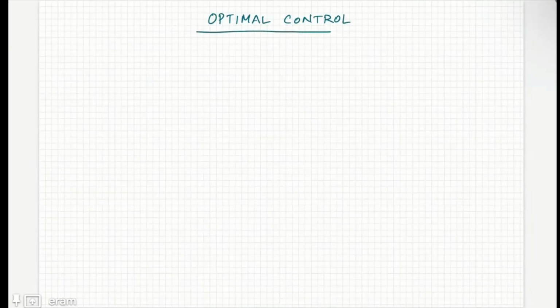Then another thing that is discussed is optimal control design. For optimal control, we should know a few things. The first is the condition of optimality.